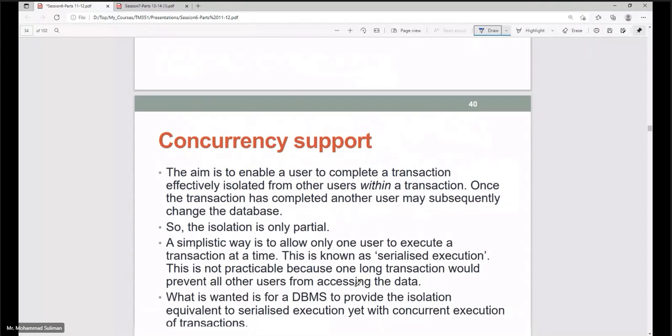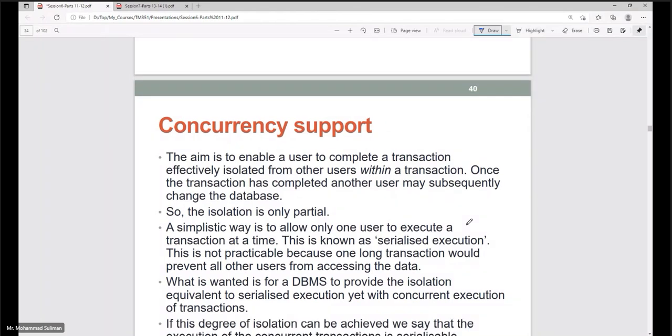Fine. So here the aim is to enable a user to complete a transaction effectively isolated from others. Once the transaction is complete, another user may subsequently change the database. So the isolation is only partial here.